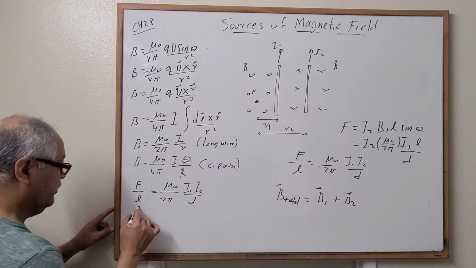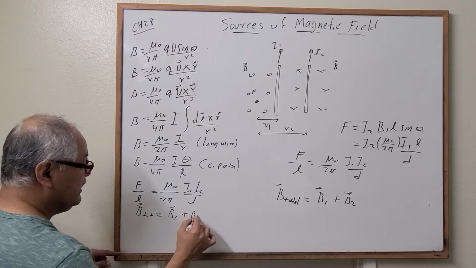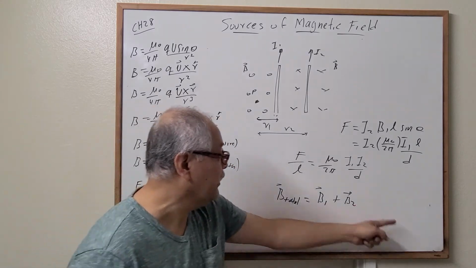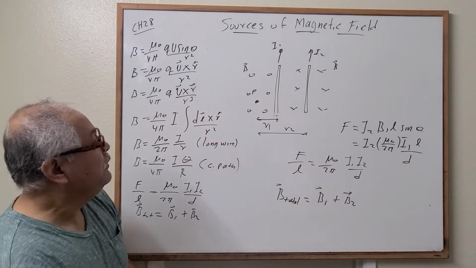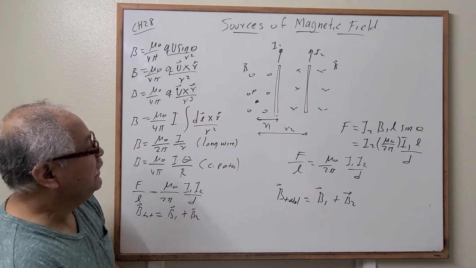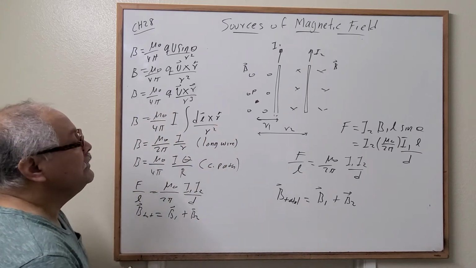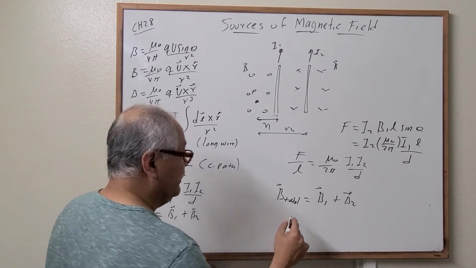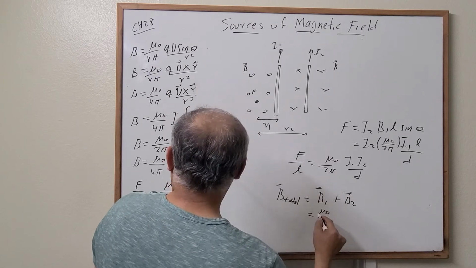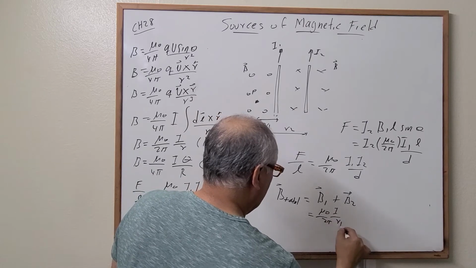This is a very important equation. The total is equal to the sum of these two. If we have more wires, we have to add more terms here. Perfect, and that's how we solve problems. In this case, the total magnetic field is equal to B1, which is mu naught over 2 pi times the current over R1.